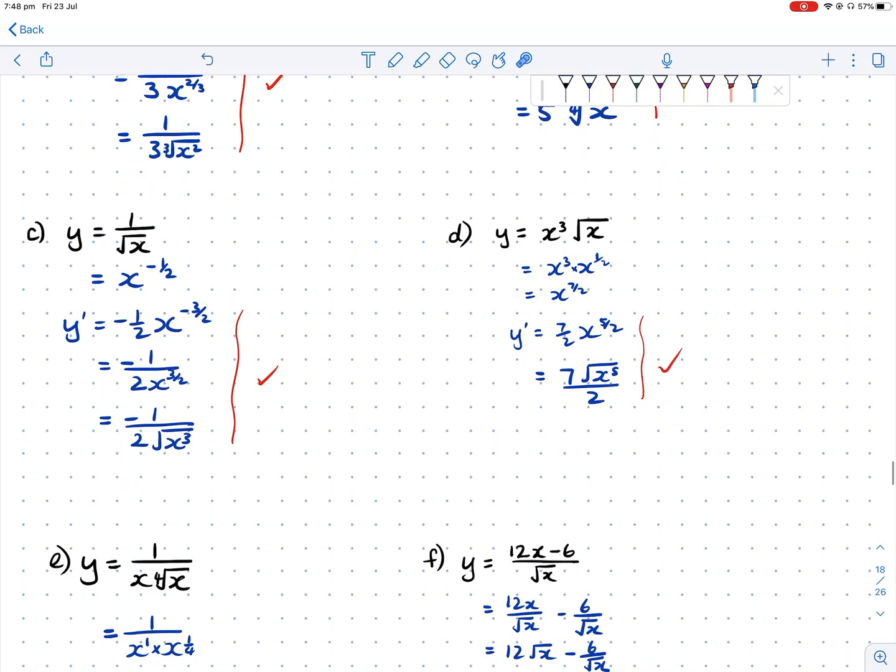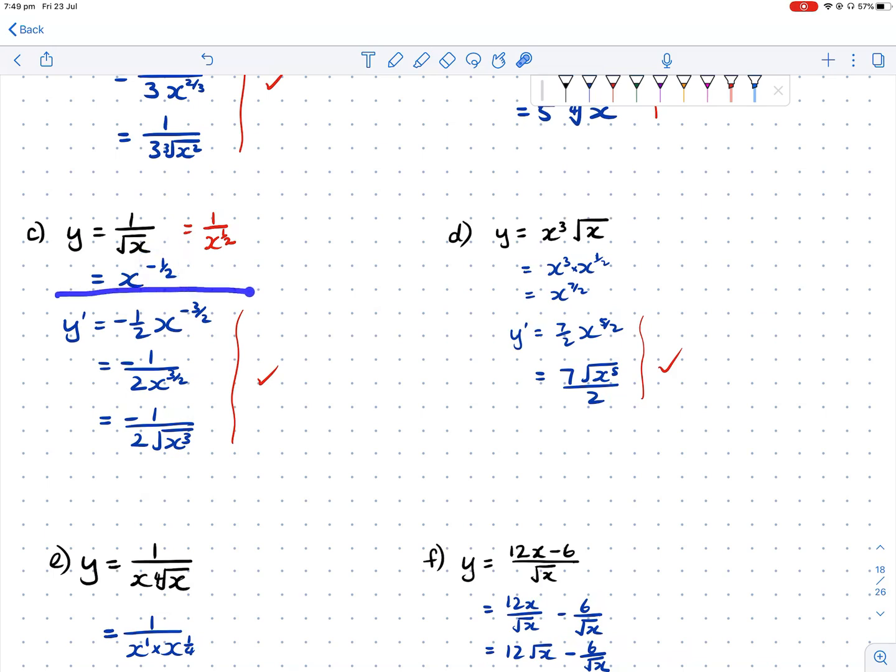With our next question, I've given you the question in radical form already. So what we need to do is change this back into index form. When I'm looking at 1 over the square root of x, that's the same as 1 over x to the power of a half. That's where we want to start from. Then because it's in the denominator, we could write that as x to the power of negative a half.